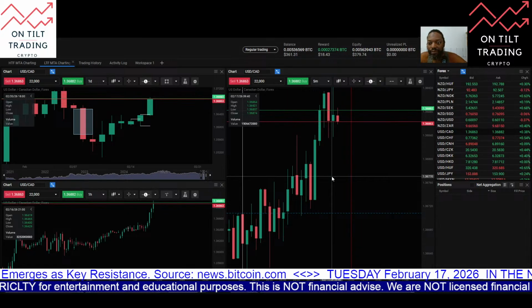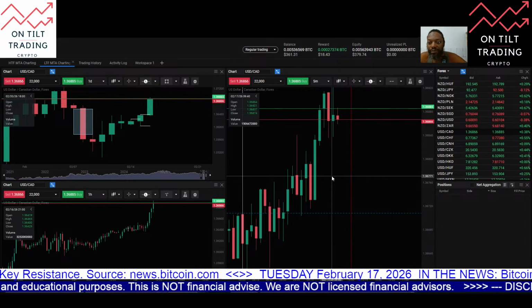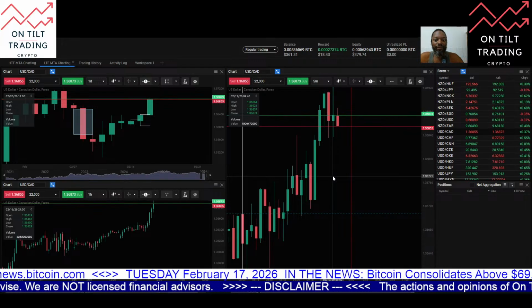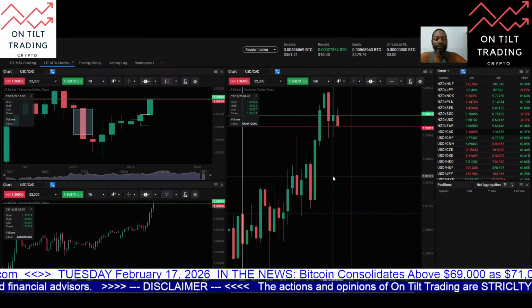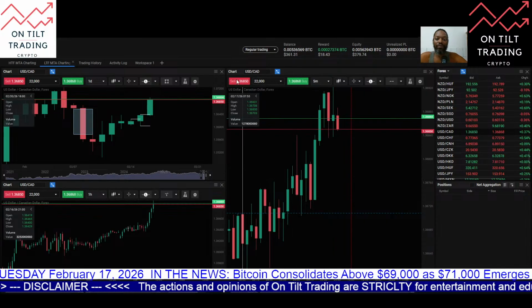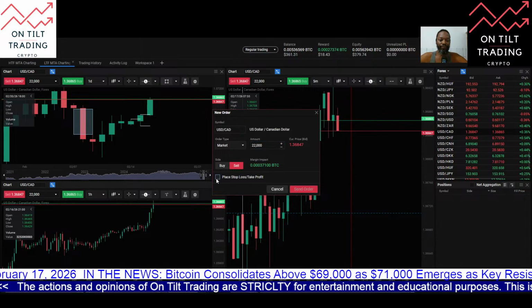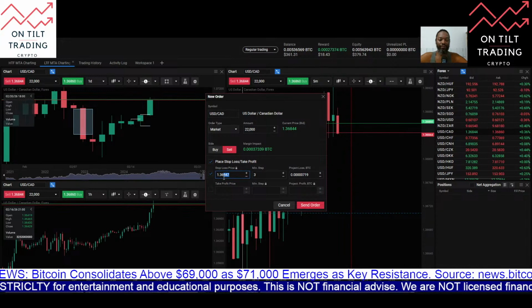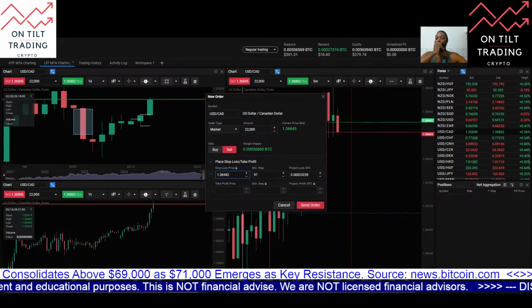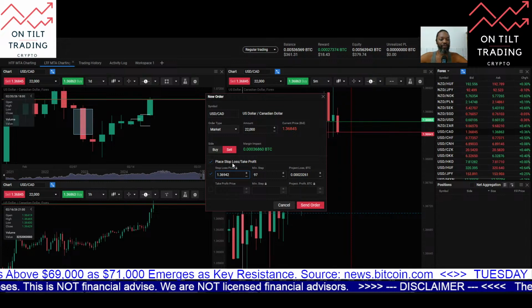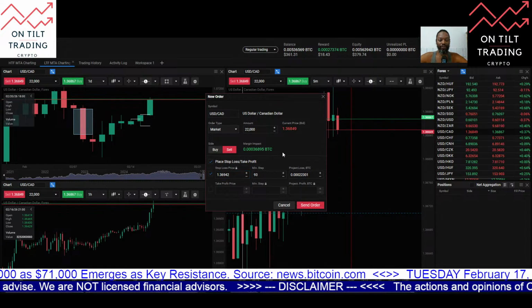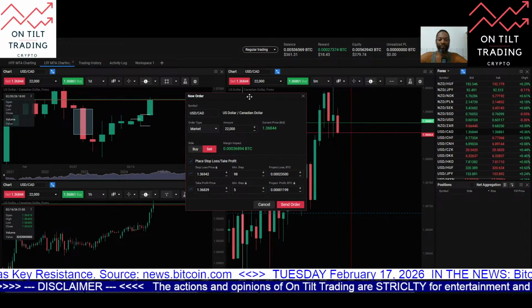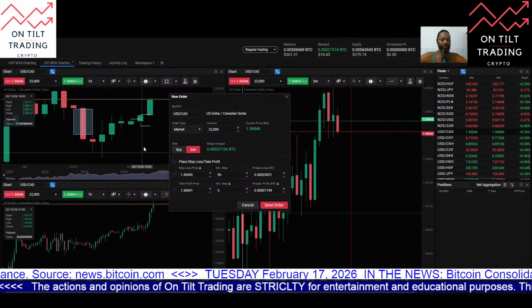So right now it looks like the reversal may be setting up here, and dollar Canadian here.